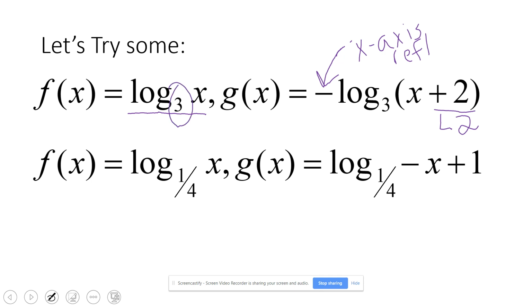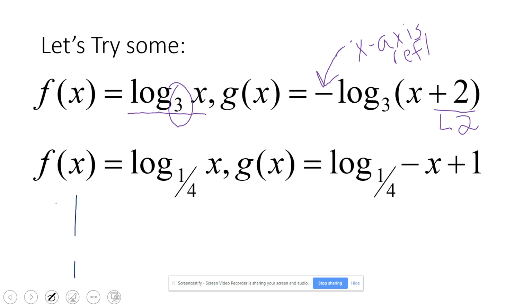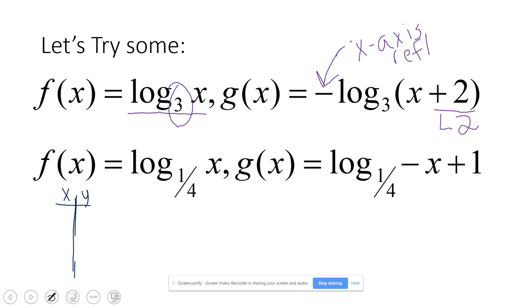So with a base of 3, we're going to start with our inverse function of 3 to the x. We have 3 to the x. So if I use negative 1, 0, and 1, I have 1/3, 1, and 3.